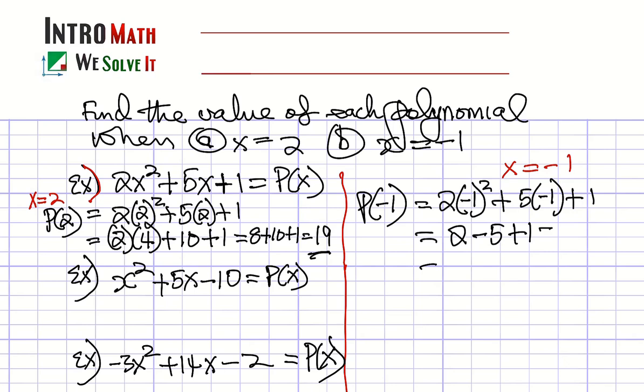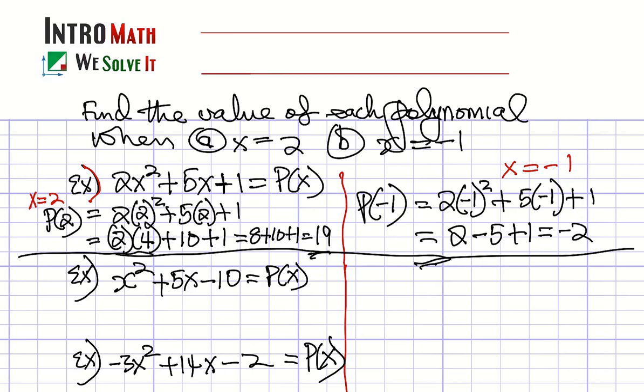What is that? That is -2. Okay, we're done with that one. You see that, right? So we did both. Is that -1 or no? I'm sorry, -2, not -1.